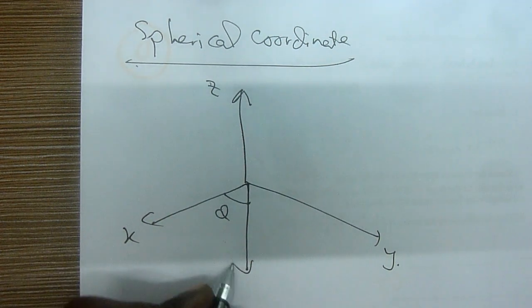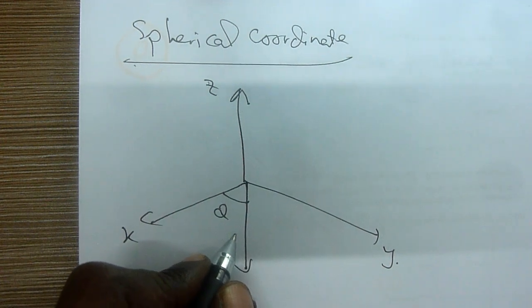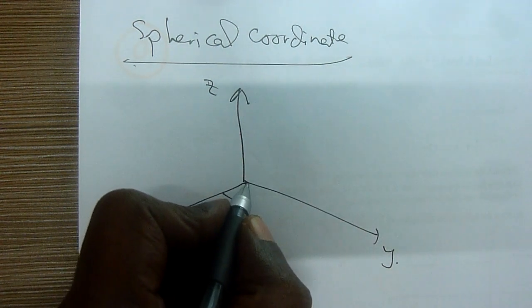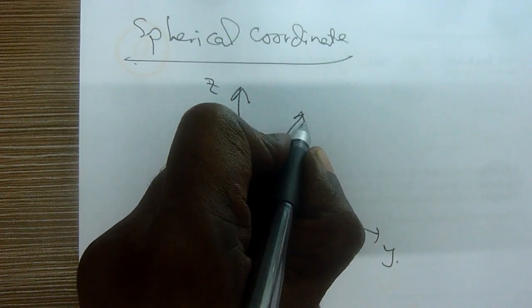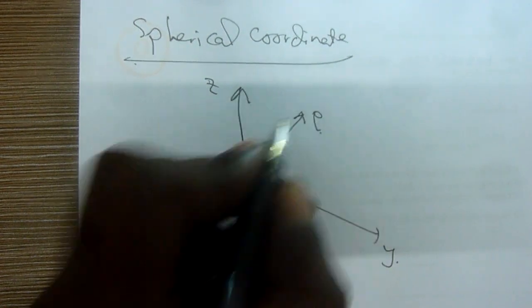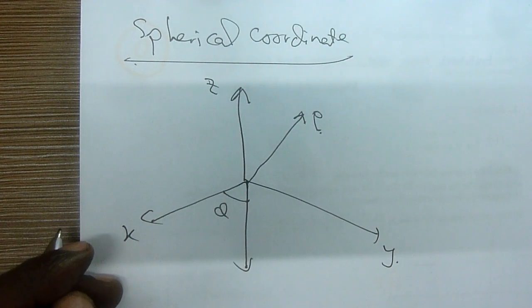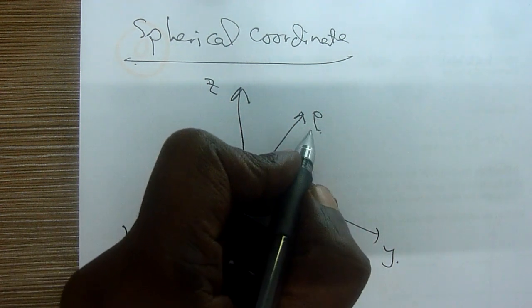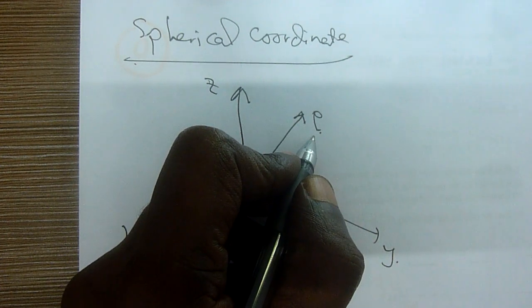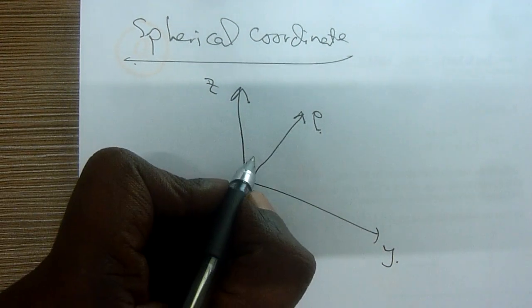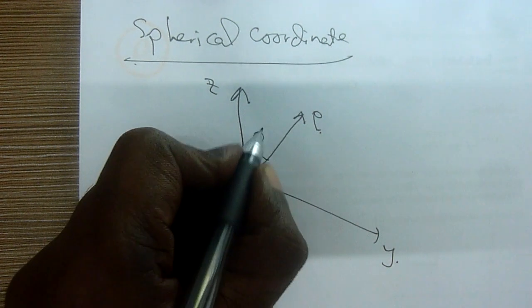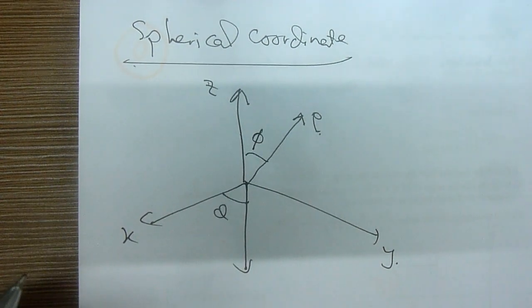In this case theta, and we're going to build another one more. We're going to use rho. Then this is a phi.